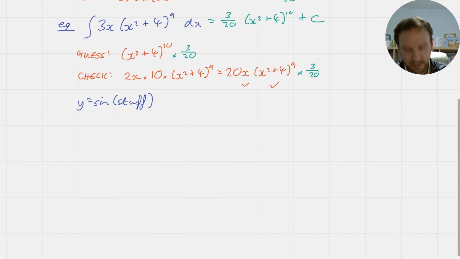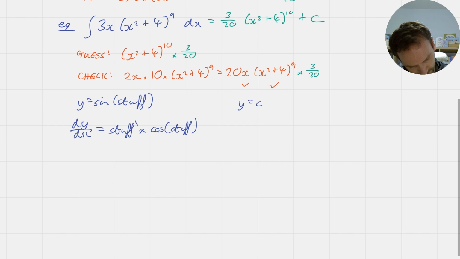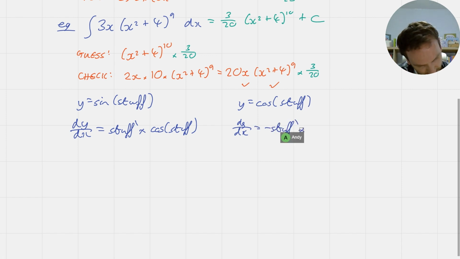Well, if we differentiate sine of stuff, our chain rule tells us that we get stuff differentiated times cos of stuff. And if we want to differentiate y equals cos of stuff, then we get negative stuff differentiated times sine of stuff.